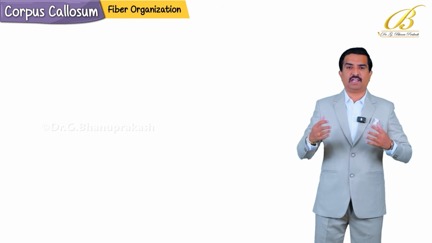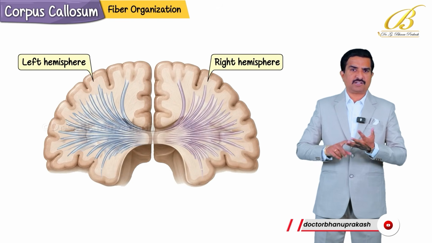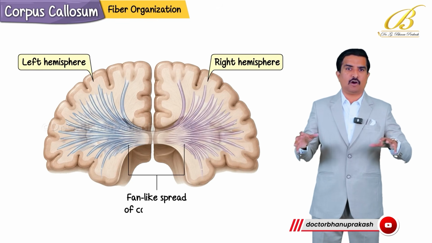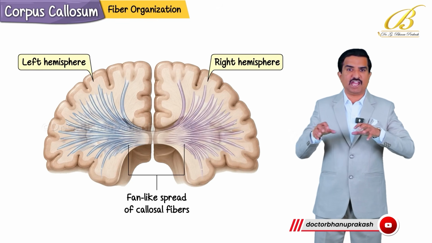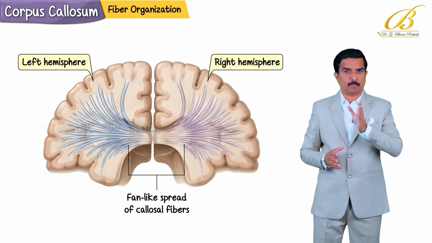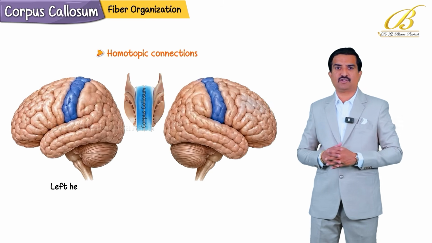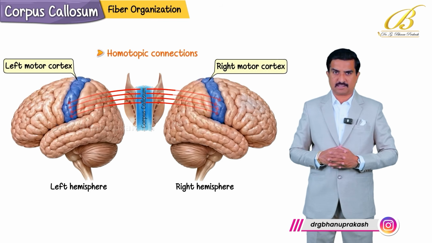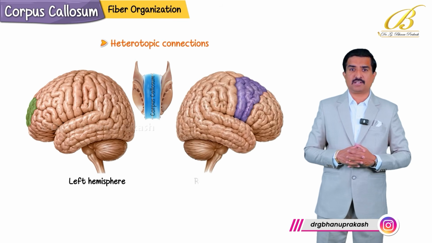Next is the organization of the fibers. First is the radiation of the corpus callosum, which is a fan-like spread of the callosal fibers into each hemisphere. As I already mentioned, there are homotopic and heterotopic connections. Homotopic connections, for example, the left motor cortex is connected to the right motor cortex. And what are the heterotopic connections?